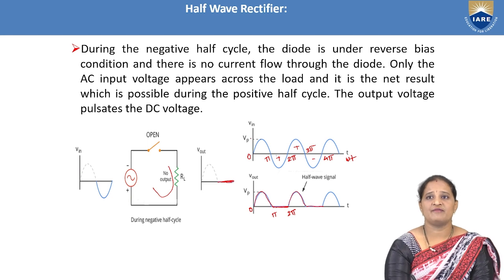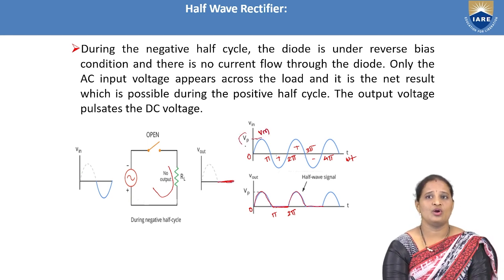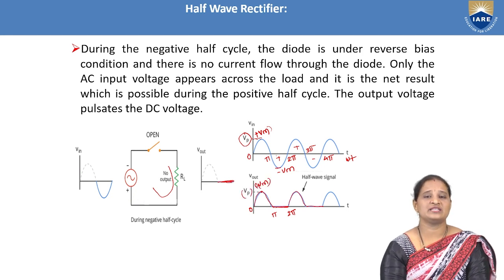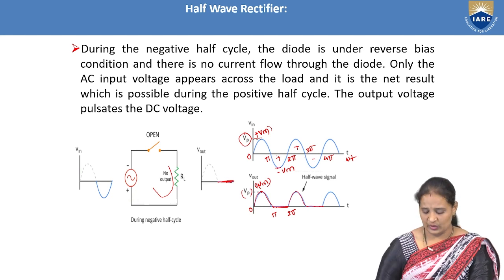Let us represent the peak value as plus V max and minus V max. During the positive half cycle, the output is equal to the input, so we get plus Vm output across the load resistor.